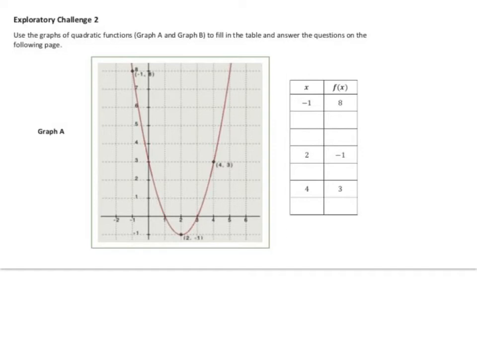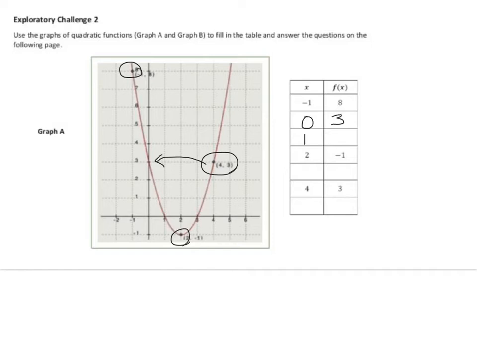So -1, 8. I've got 2, -1, and 4, 3. So let's do the opposite of this one, which would be 3. Sorry, x is 0, 3.